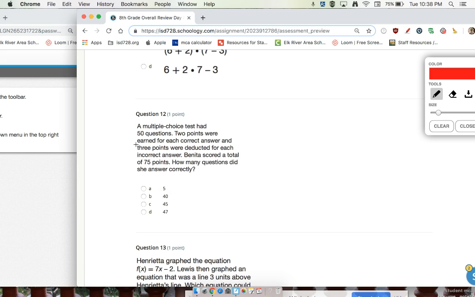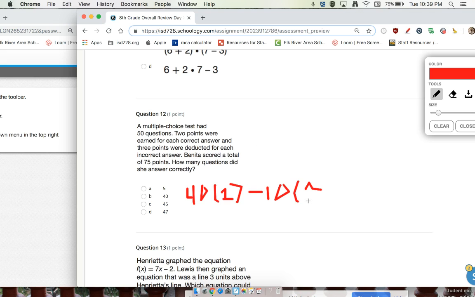No way. The next one, if she got 40 correct, that means she got 10 wrong. So it would be 40 times 2 for each right one. And then you got to take away her wrong ones. If she got 40 right, there were 50 questions, so she got 10 wrong. 10 times, how much were the wrong ones? 3 points.